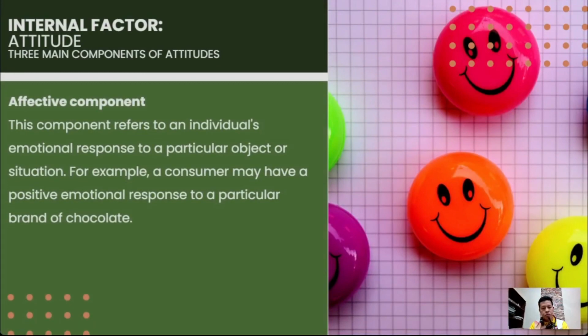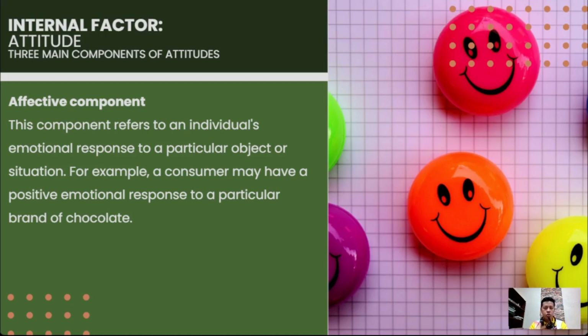Now, there are three main components of attitude. First is the affective component. This component refers to the individual's emotional response to a particular object or situation. For example, a consumer may have a positive emotional response to a particular brand of chocolate. Oh, I really love this brand because I can feel the way they manufacture this, so on and so forth.